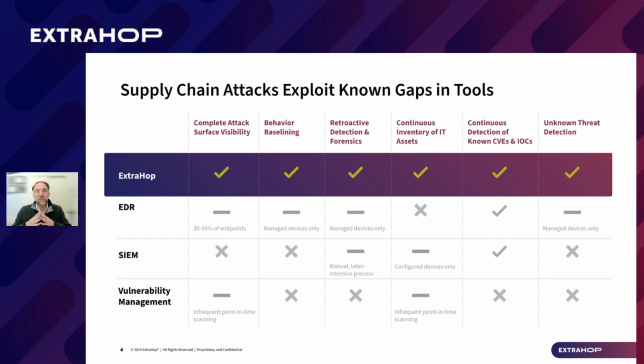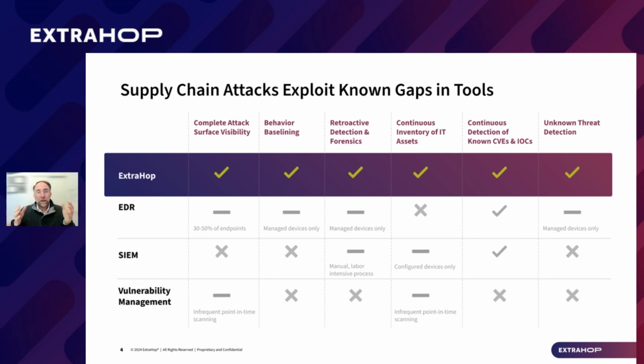SIEM, for instance, often requires a lot of manual and labor-intensive work to comb through the system. EDR requires an agent to be deployed on a particular device, and that means the agent also has to be compatible with the OS, and those devices have to be able to take in the agents.